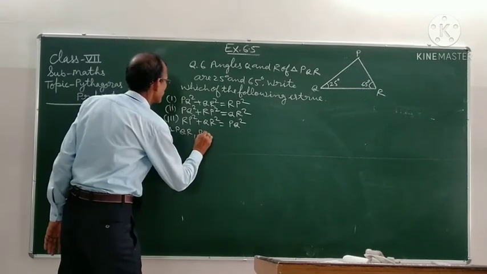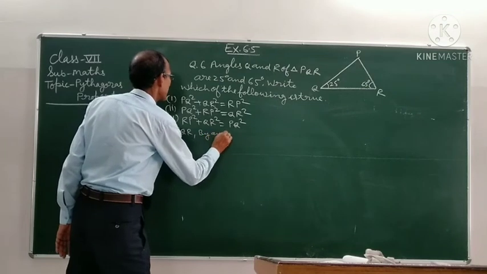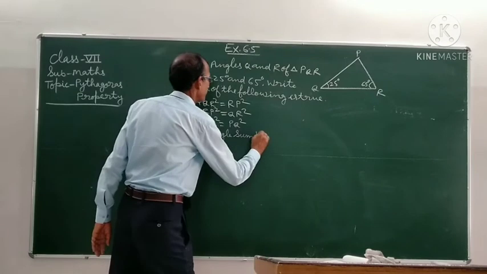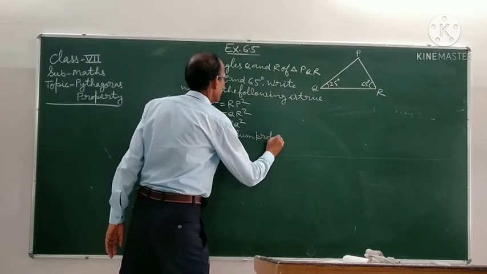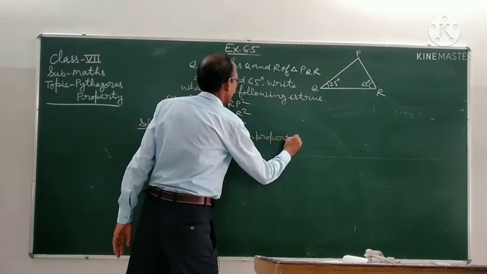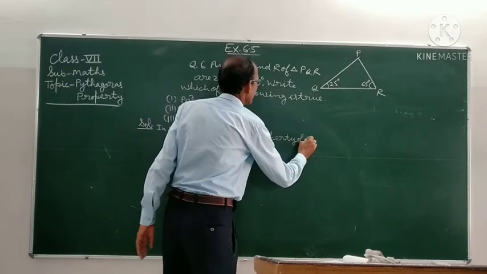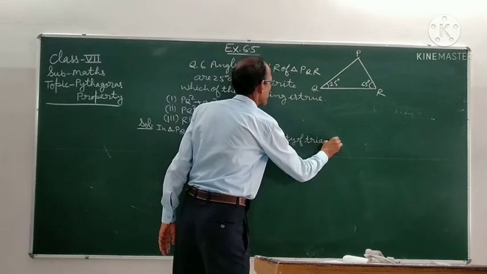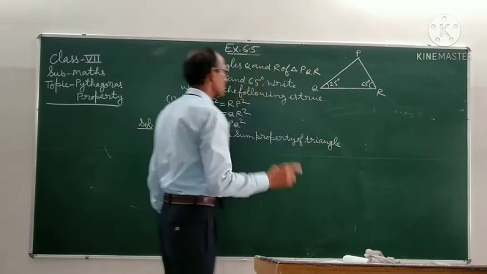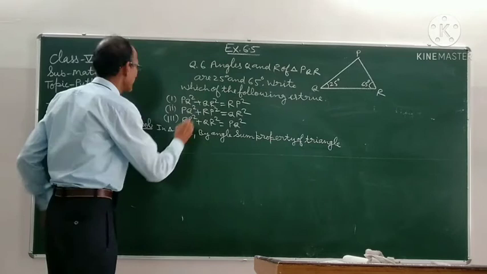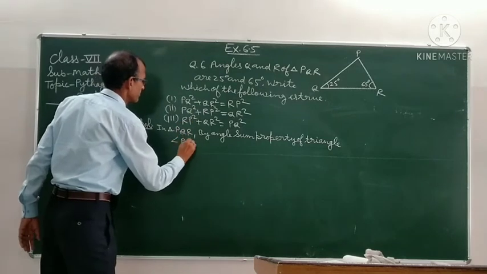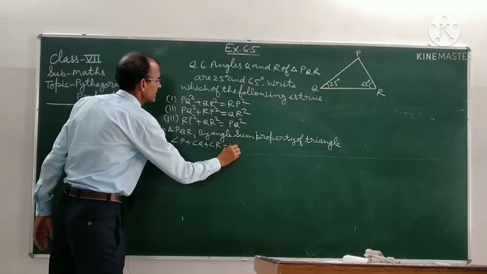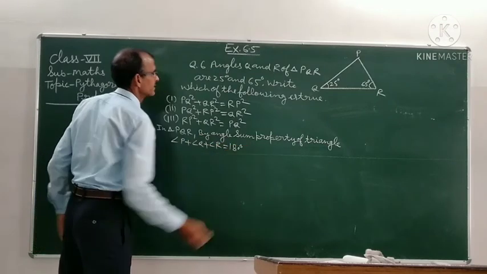So angle P plus angle Q plus angle R is equal to 180 degree.